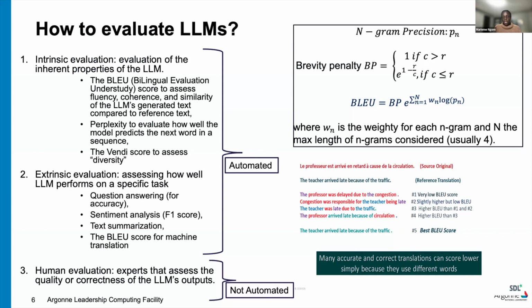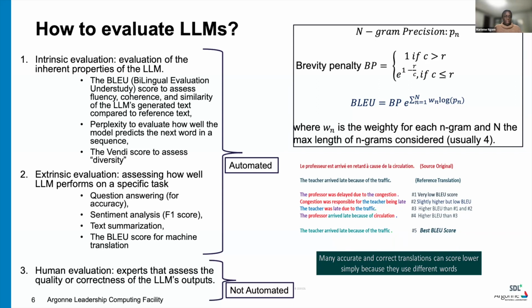As you can imagine, that can be pretty slow or inefficient. So you also have automated strategies. Within the automated category, you have two subcategories, what is called the intrinsic evaluation. This is when you evaluate the inherent properties of your large language model.